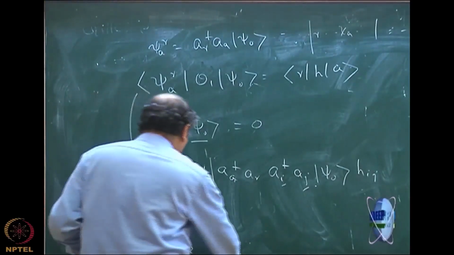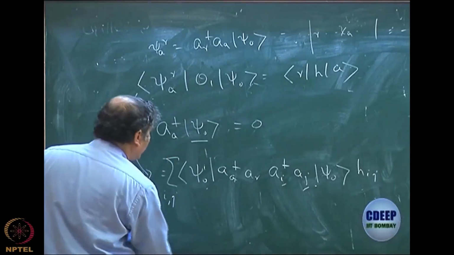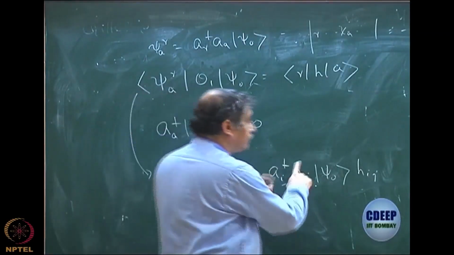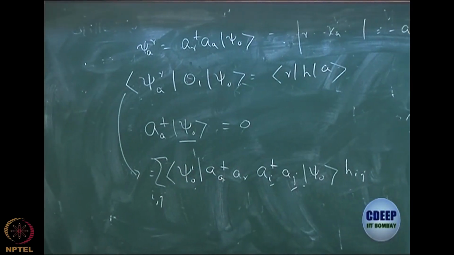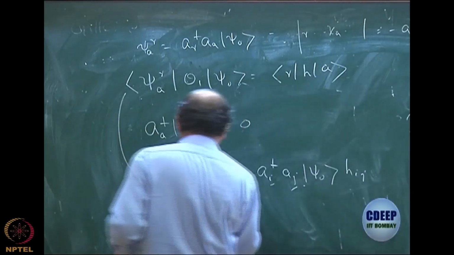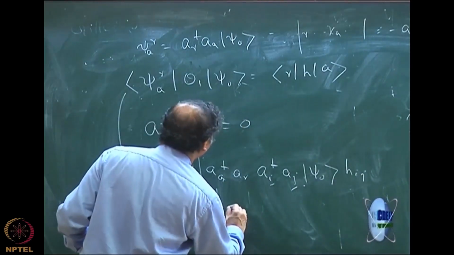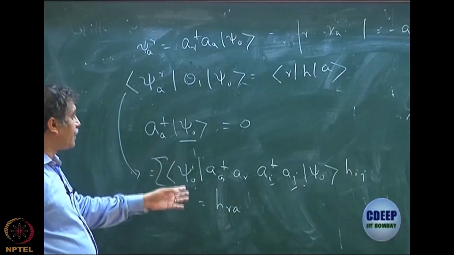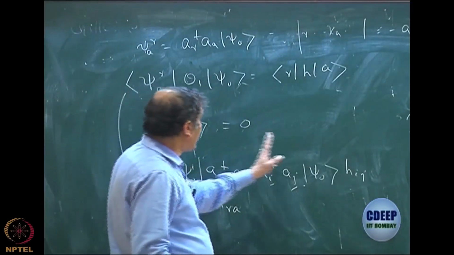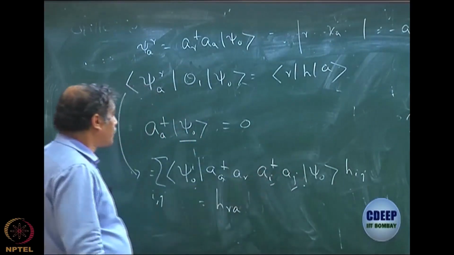So our idea would be to bring A dagger here. If you can bring A dagger to the right, that is 0. Okay. So try to do this and reach the result H RA. So basically R dagger will come here and A dagger will come here, A dagger will come here.